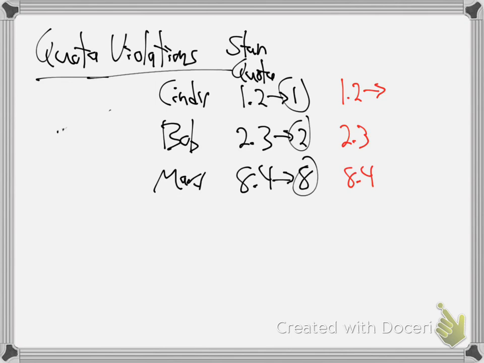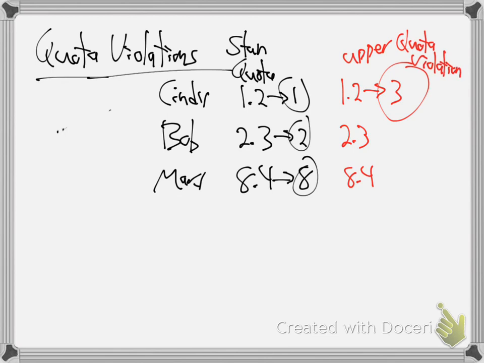But what could happen is, what if you take the 1.2, the 2.3, and the 8.4, and you round this to 3? It doesn't round to 3. No way. Well, that's called an upper quota violation.